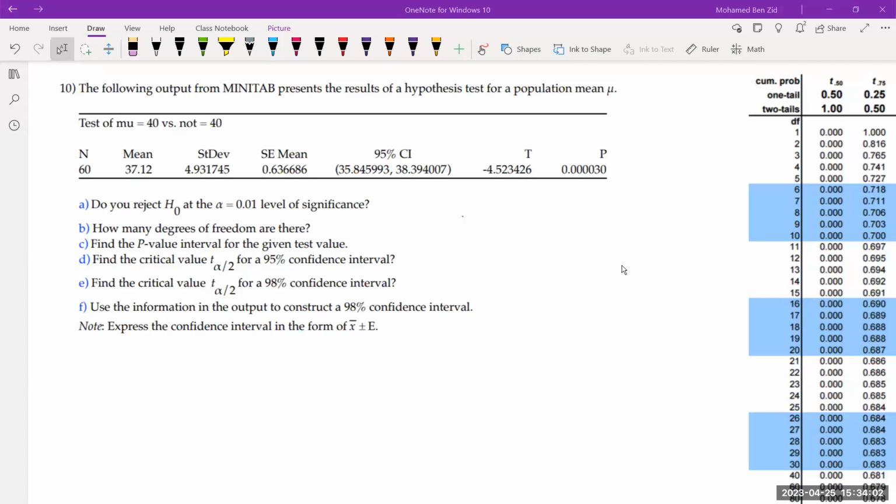Already. So what we have here is Minitab results. What is this test saying? Mu equals 40. So I'm going to write it over here.